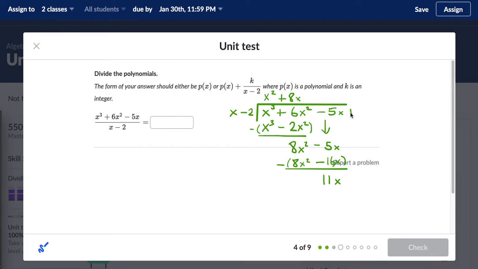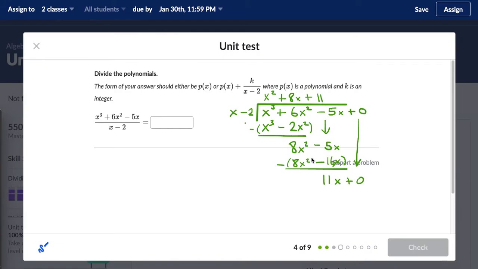So we actually have a plus 0 here, if you like, that we can drag down. And you'll see why we do the plus 0 in just a second. So once again, we can actually divide this. 11x divided by x is simply 11, so we're going to put in the plus 11 right there. It does divide nicely, right?